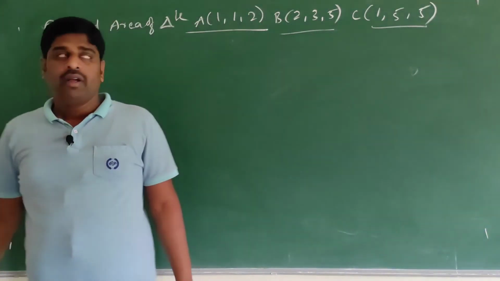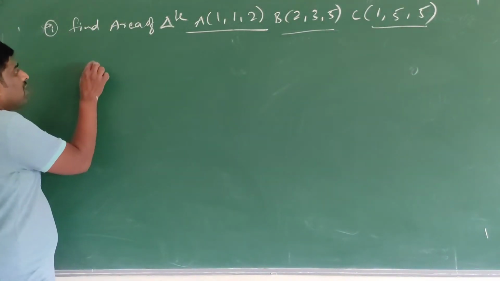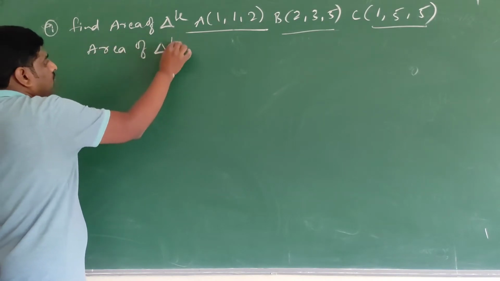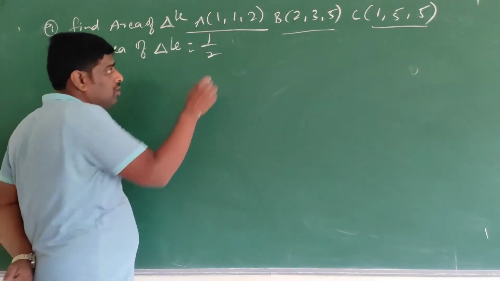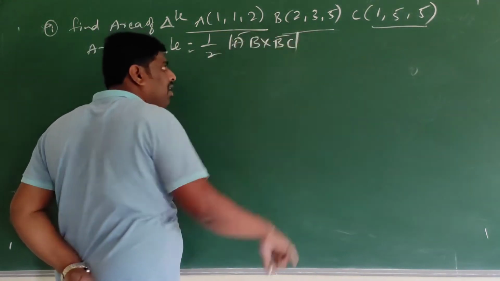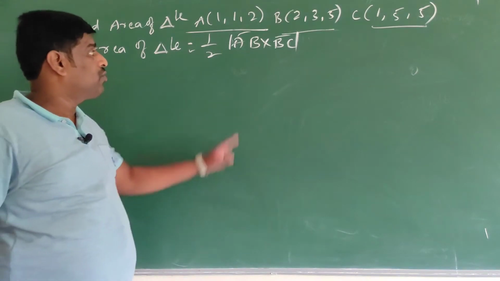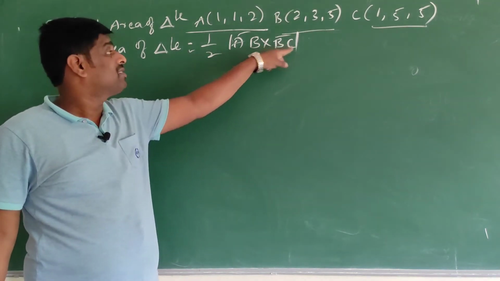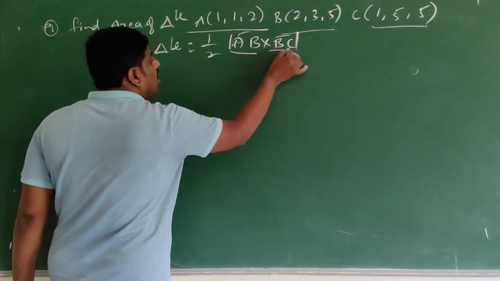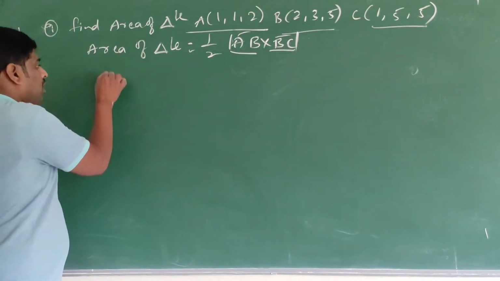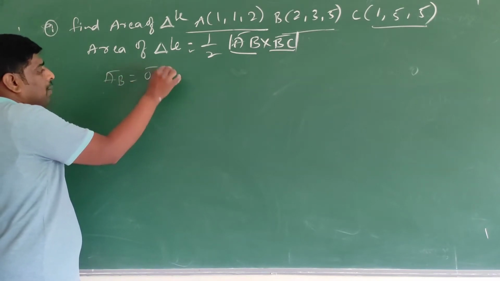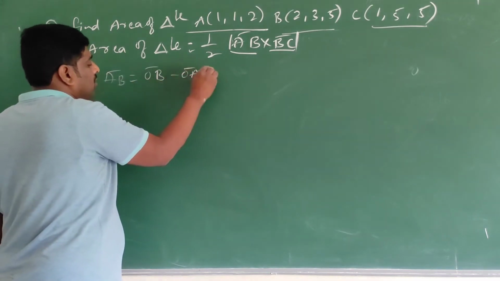Now the area of a triangle formula is 1 by 2 times the magnitude of AB bar cross BC bar, or the magnitude of AB bar cross AC bar. Now I have to first find AB bar and BC bar. AB bar equals OB bar minus OA bar.